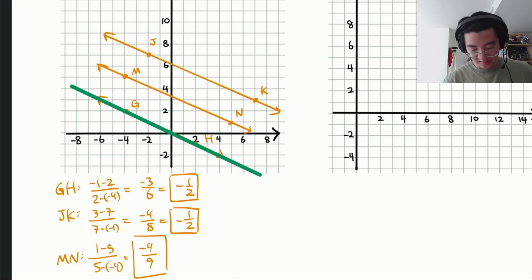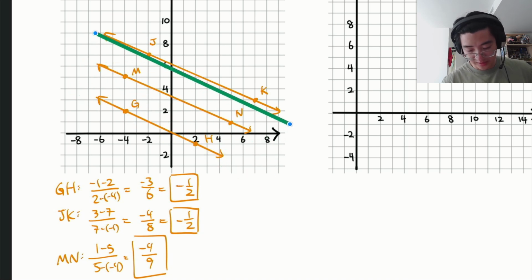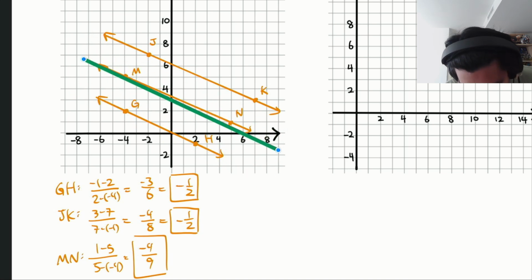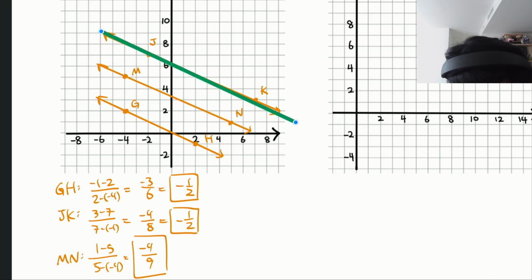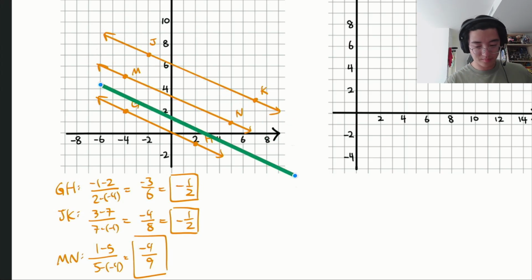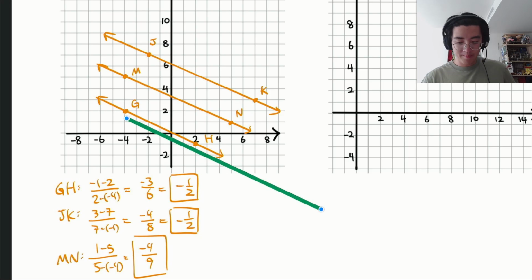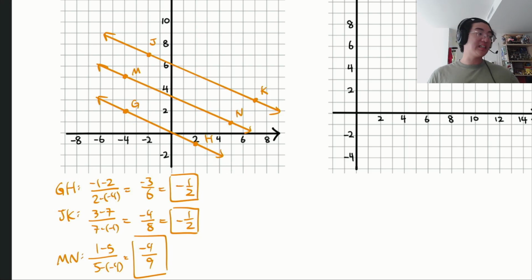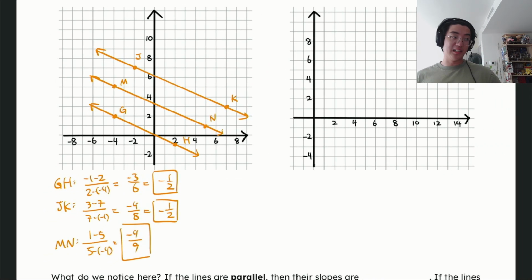So this is the GH line. Okay, I hope this is clear enough. All right, you can see here, GH line. Yeah, it's kind of hard to do an exact straight line here to illustrate it, but the point is, if two lines have the exact same slope, then that means they are parallel, right?